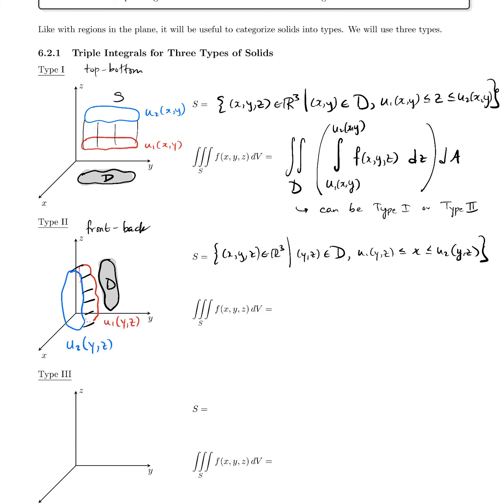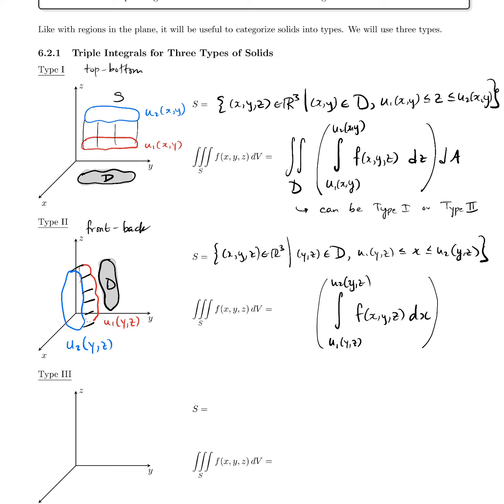Similarly, to set up a triple integral, we'll have an inner integral, which will be in terms of these variable bounds, u1 of y,z to u2 of y,z of f of x,y,z dx, for the inner integral.